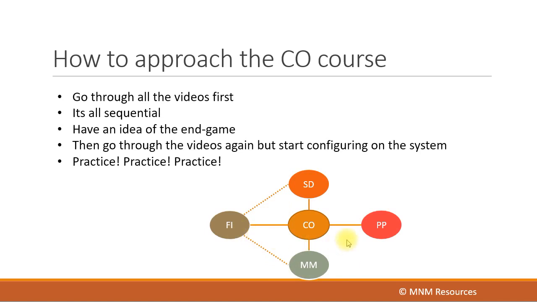But if you plan to become a product costing specialist, that is a CO module subcomponent called product costing, then I would recommend that you also take a course on the PP module as well, because most of the CO master data for product costing flows from the SAP production planning module. So if you want to be an expert product costing consultant, then you should also know about the PP module as well.